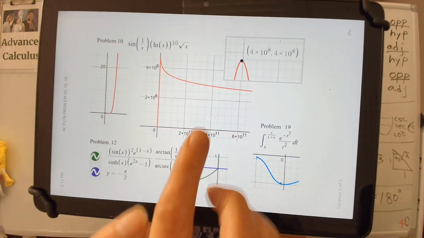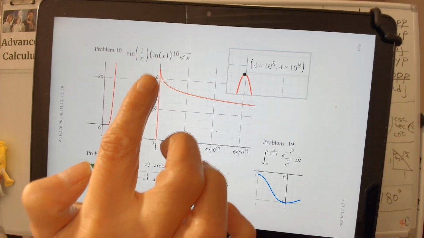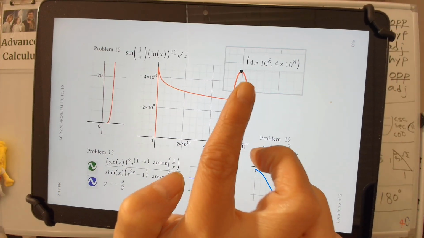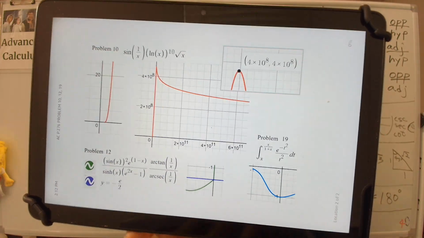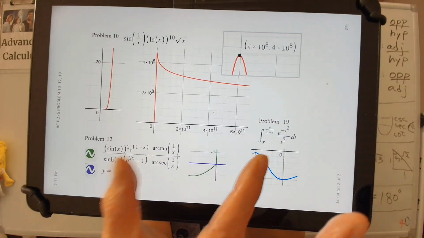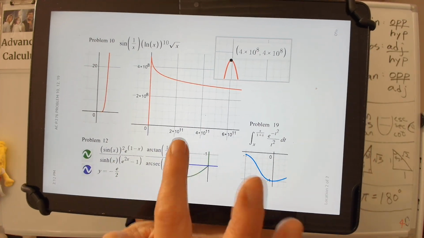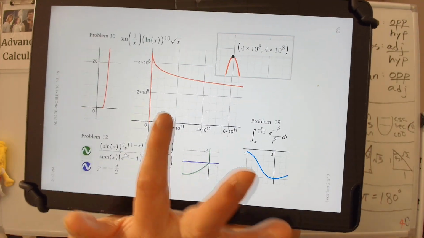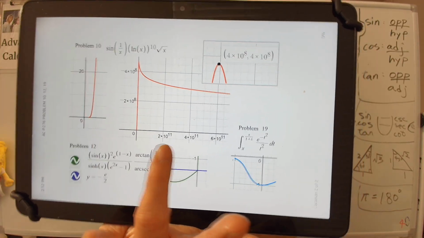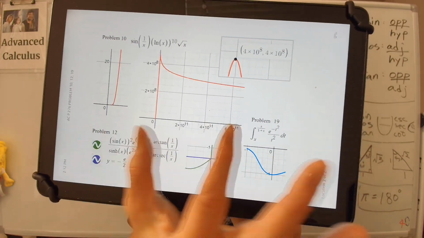At 400 it went up, continued to go up, and at 400 million it decided to turn around and finally started going down very slowly because I squeezed the graph together. This is in the unit of 10 to the 11, and that's only 10 to the 8, so that is like 1,000 times more packed.